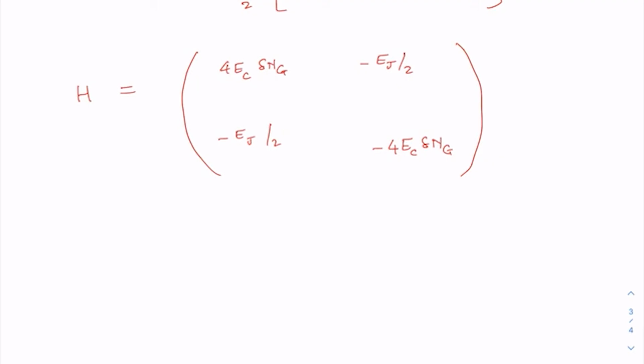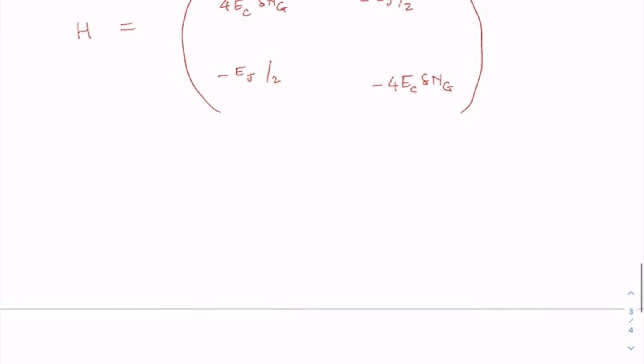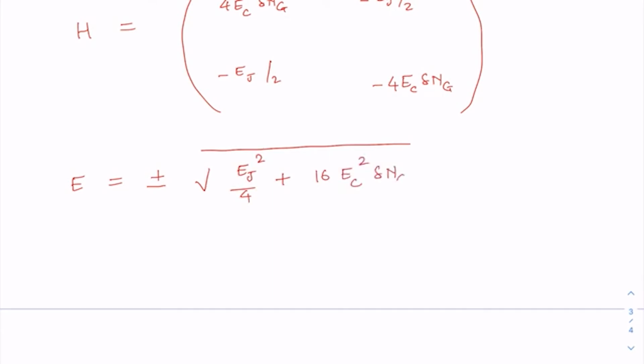Now we know very well how to solve this 2 by 2 Hamiltonian. The energy eigenvalues we can write easily from our knowledge of module 1. That would be plus minus the square root of EJ square by 4 plus 16 EC square delta Nz square.